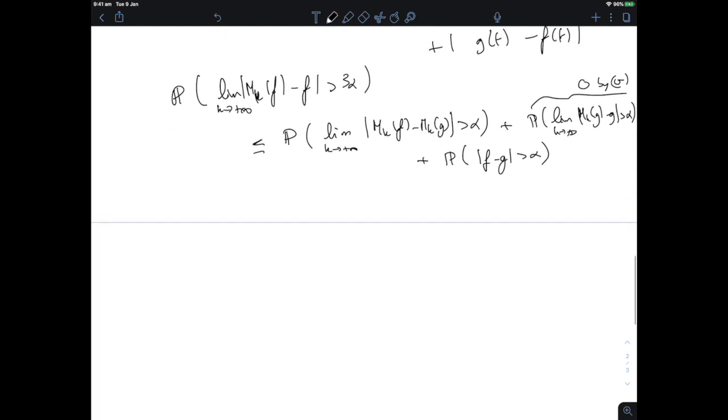So for the first term, we need to remember what that is.